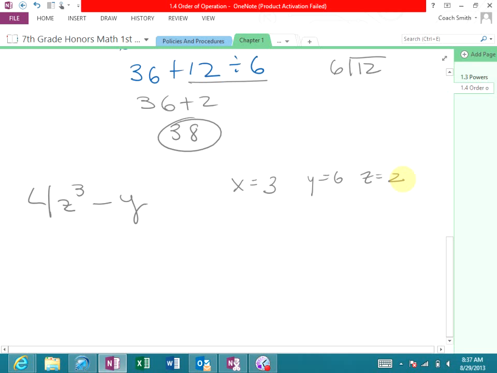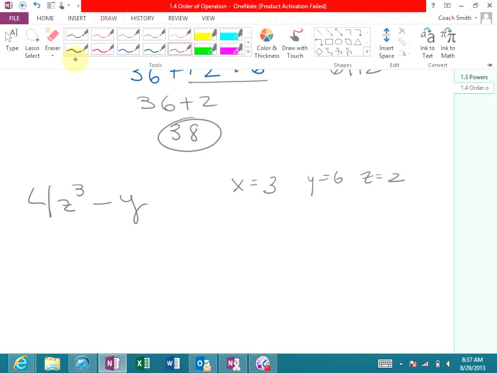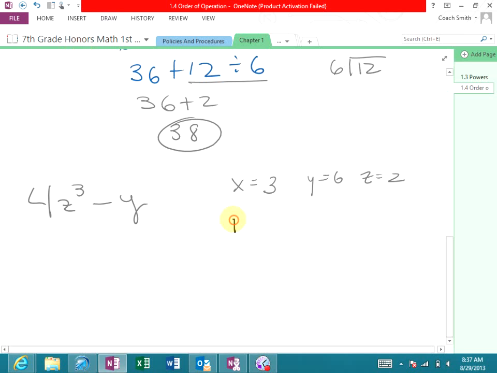Okay? And they tell us, once again, they use that word, evaluate. And we remember that evaluate means to substitute in an expression and then simplify the expression. So we have to substitute and simplify.